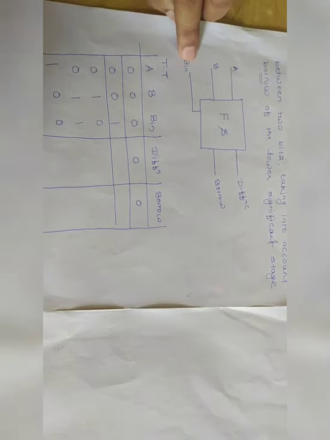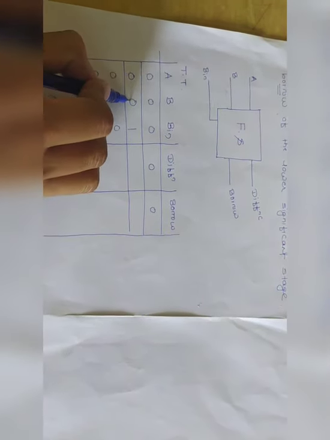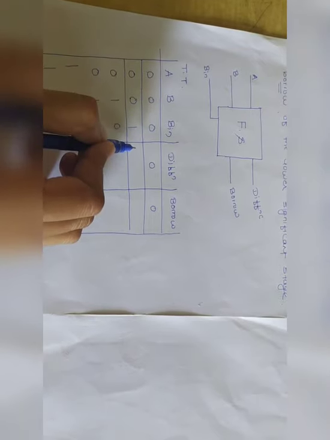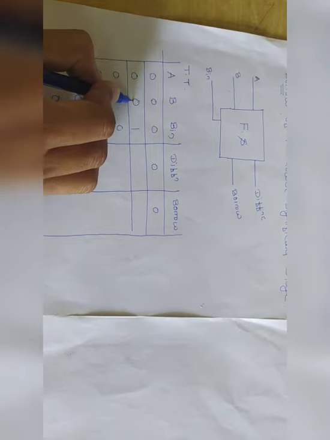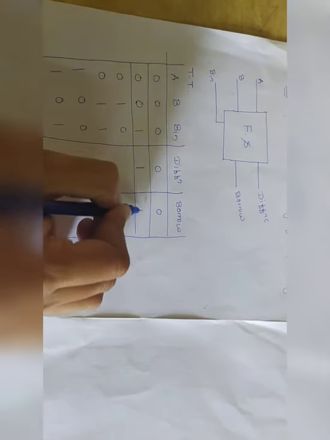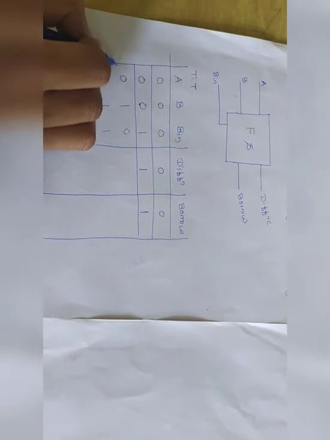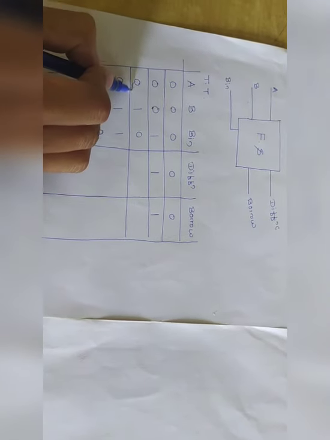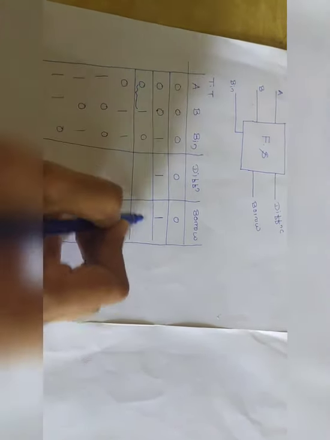Next, subtracting A minus B in: 0 minus 0 is 0, and 0 minus 1 gives a borrow, so the difference is 1 and the borrow is also 1. For the next, 0 minus 1 gives difference 1 and borrow 1, and 0 minus 0 is 0.